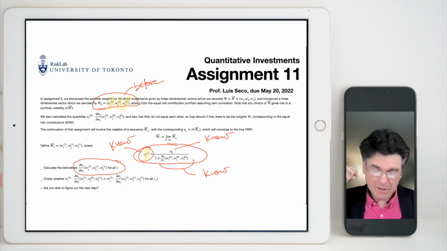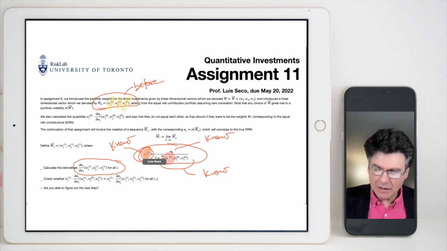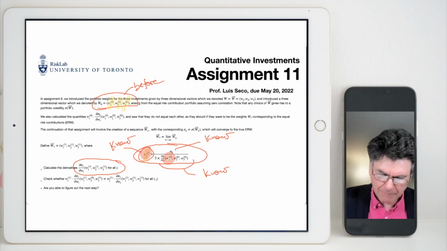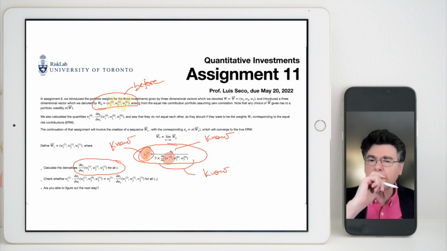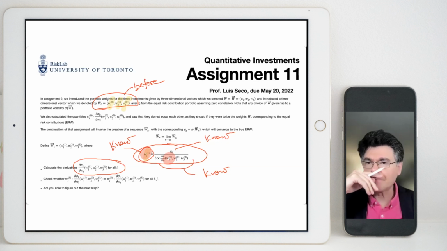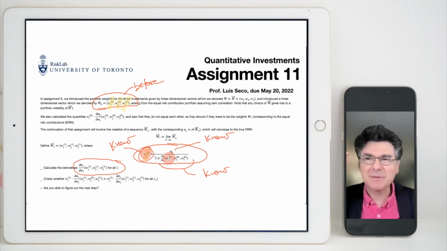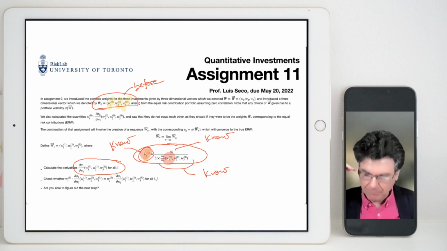What is changing here is that when I go from one set of values to another, then when I calculate my derivative, everything changes again. And then you just repeat. I don't know if this is clear.